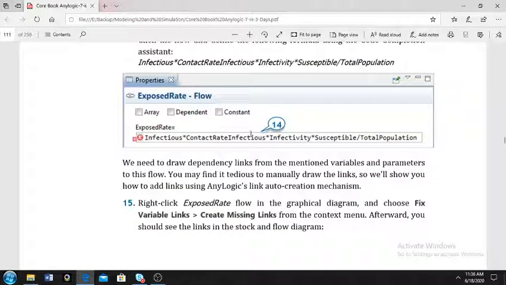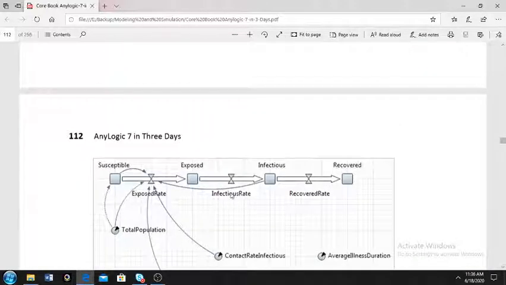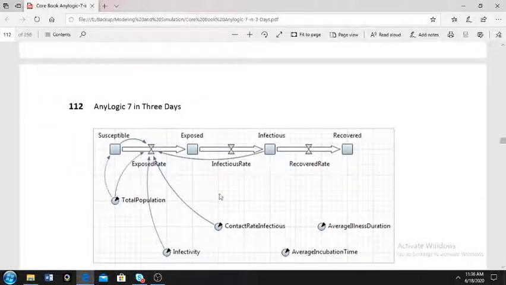You can include formulas: infections times contact rate times effectivity. So you put formulas. This is a formula of the flow. The exposure rate is a flow, so it has some calculation. Flows and auxiliaries have calculation.